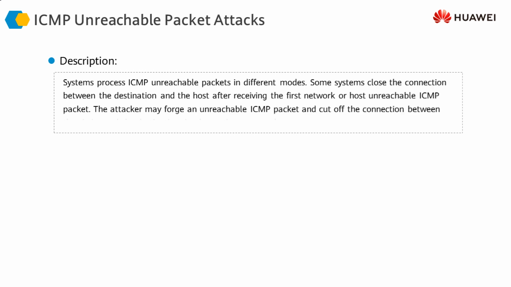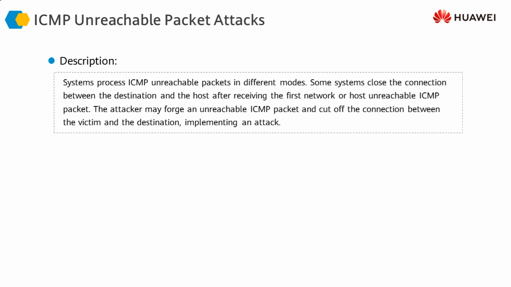Another type of attack that can be generated is the ICMP unreachable packet attack. If an ICMP packet cannot reach its destination, and a router or a switch has to discard that packet, it sends an unreachable message back to the source. Some sources, when they receive an unreachable message, reset their connection with the server.